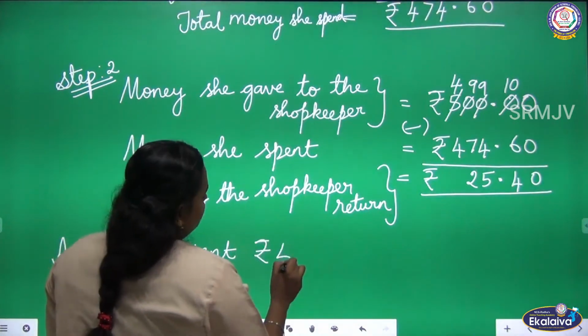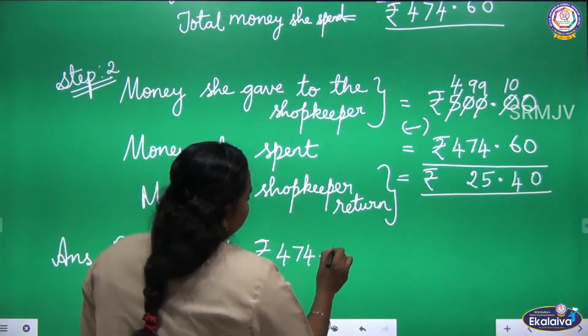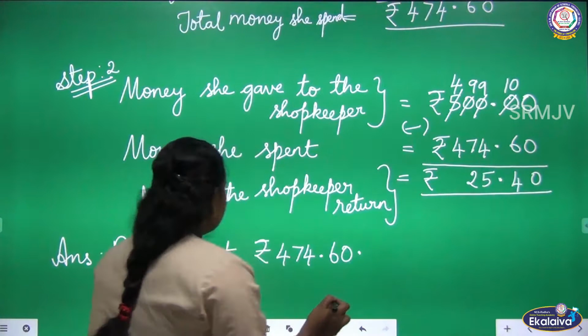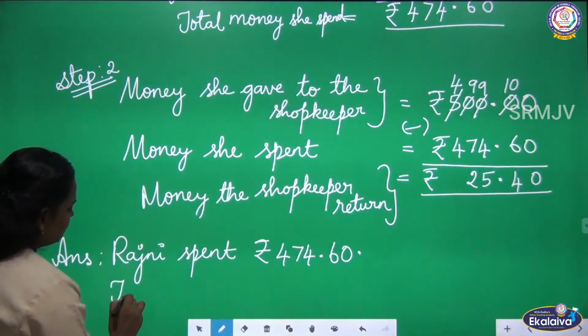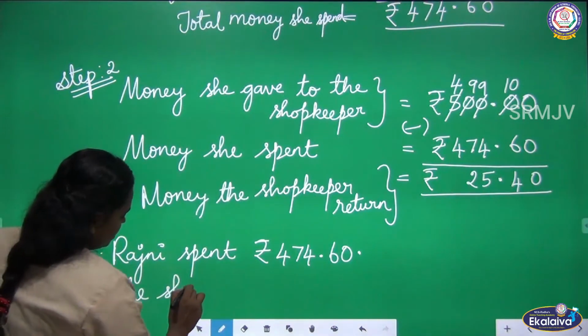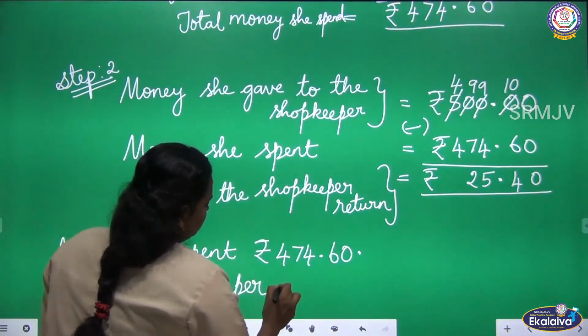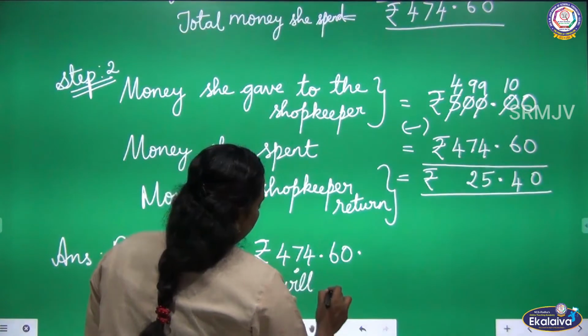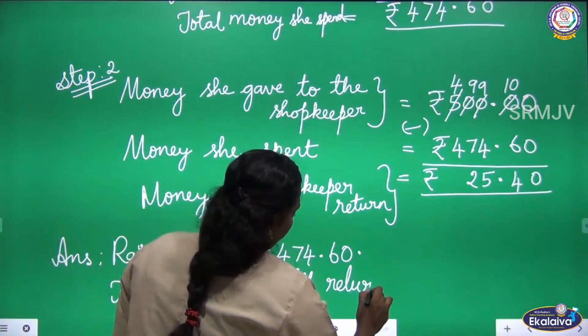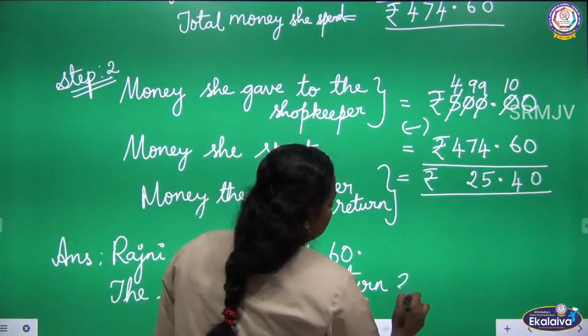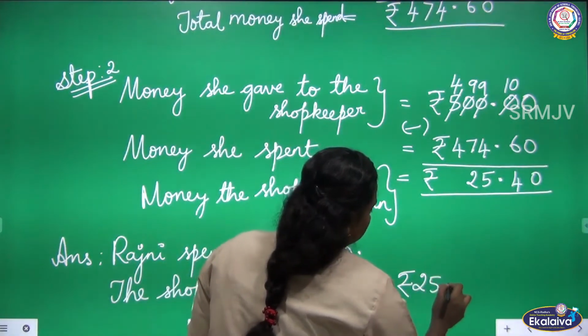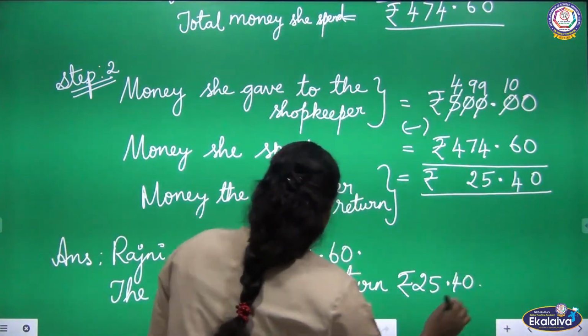Rupees 474 rupees 60 paise. Next the shopkeeper will return, how much amount will the shopkeeper return? So the shopkeeper will return rupees 25 rupees 40 paise.